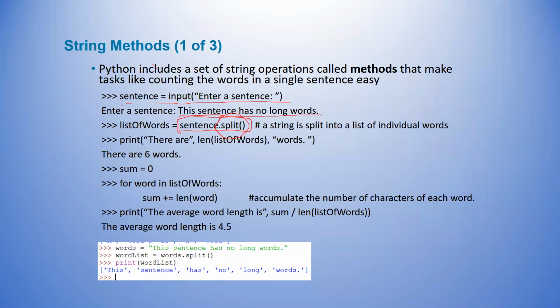A string is split into a list of individual words. So split, if you look at this parenthesis, inside it's empty. When it's empty, this split will split the sentence, the multiple words, into individual words using space. So it will split this into a list: this, sentence, has, no, long, words. Okay, that's what split does.